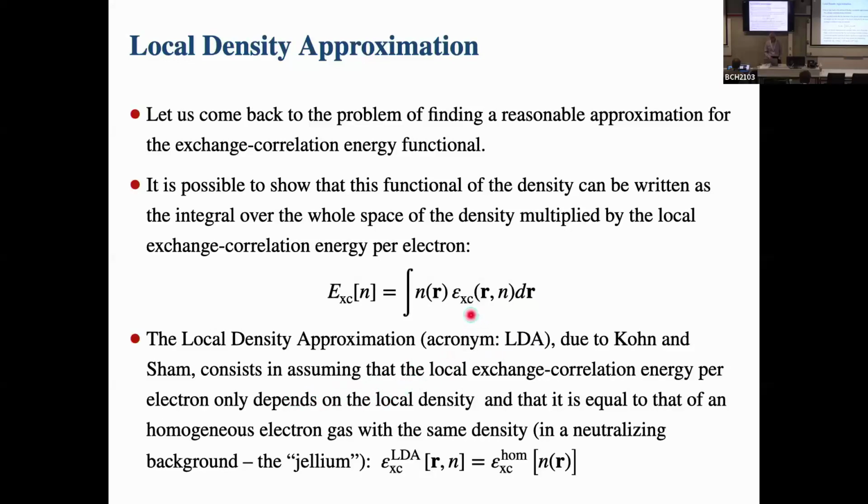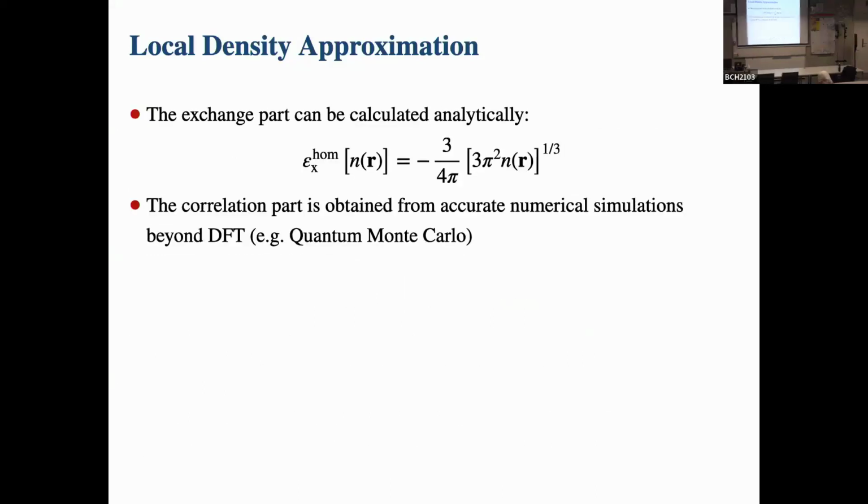Formally, this exchange correlation depends on the density everywhere. They made the approximation that in fact, this exchange correlation energy only depends on the density at the point where I'm considering it. Furthermore, they assumed that it was the one of a homogeneous electron gas, for which there is an analytic formula for the exchange.